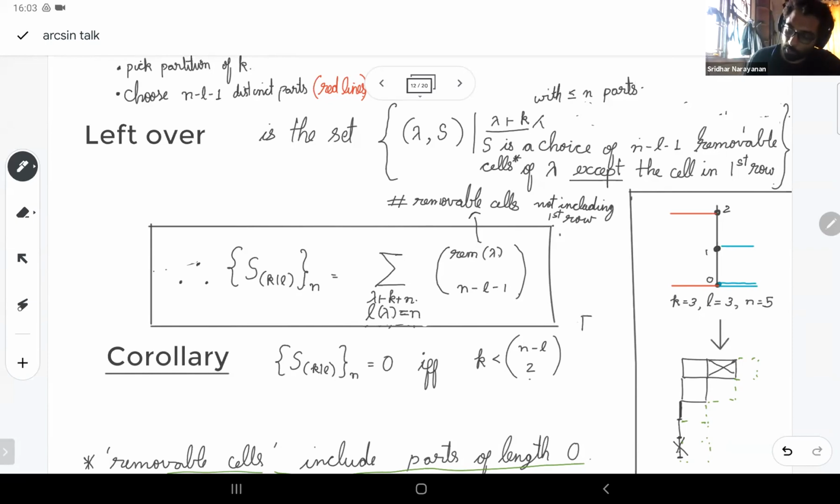These would be the distinct parts that you pick, and then there would be the first row around this. The smallest size that the first row could be is just one more than the previous one, so it's just a staircase shape. So 0 up to n minus L minus 1, which if you add those up, is n minus L choose 2, right? I hope that this is clear.